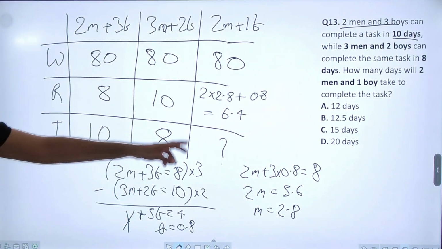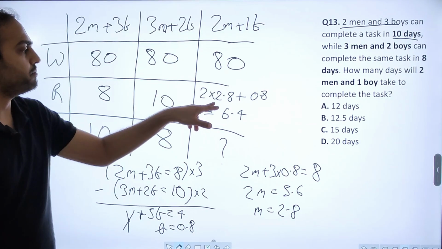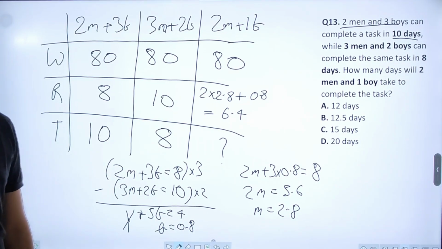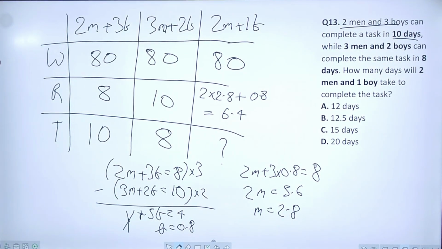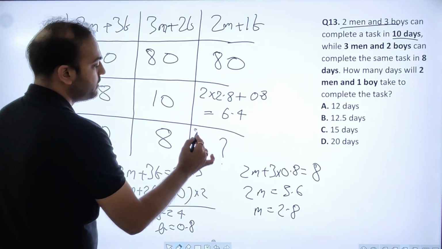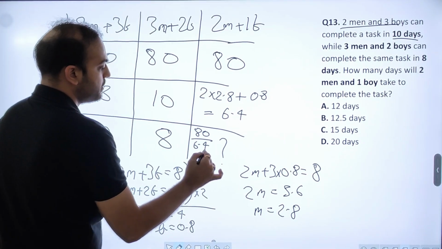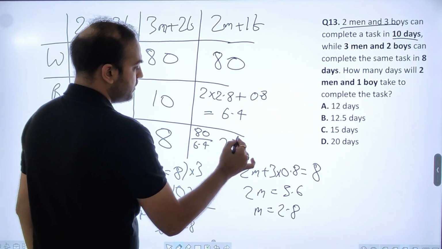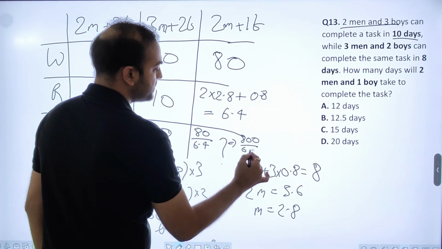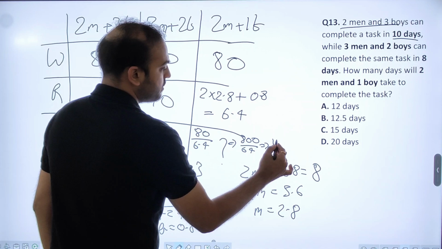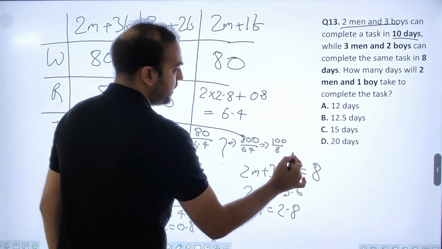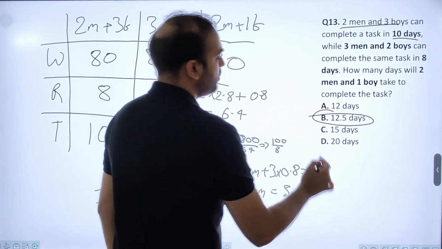So rate of 2 men and 1 boy becomes 6.4. Again time taken, work by rate, that's 80 by 6.4, 800 by 64, 100 by 8, 12.5.